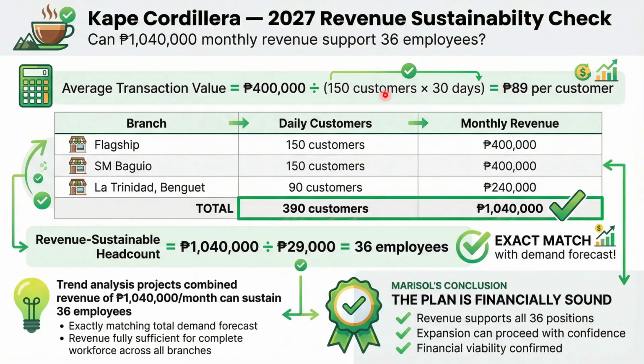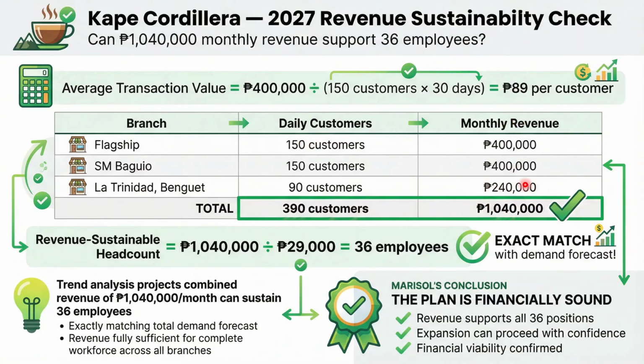400,000. So, ibig sabihin, divided by 150 times 30 days, that's, ibig sabihin, yung average transaction value natin is that in every customer na pumunta sa ating coffee shop will give us 89 pesos. Yan, 89 pesos. Okay, and then, i-multiply natin yan.